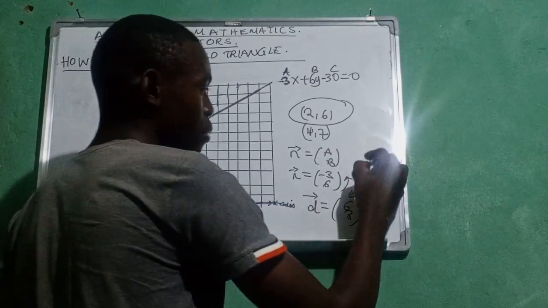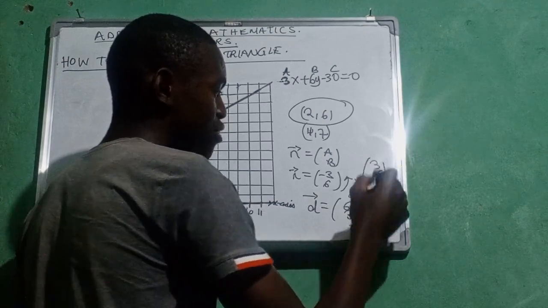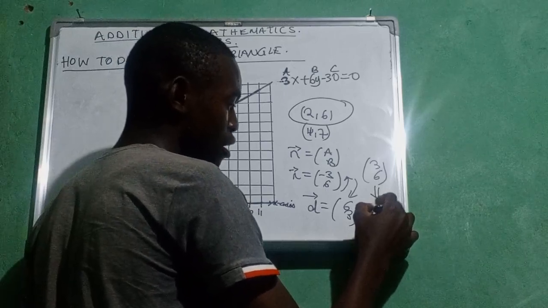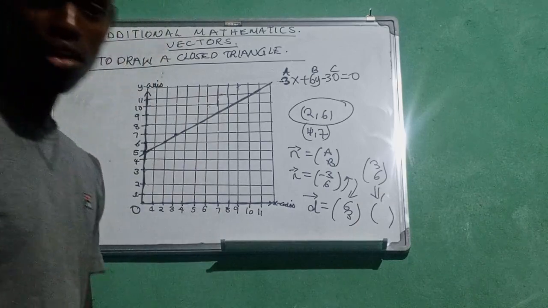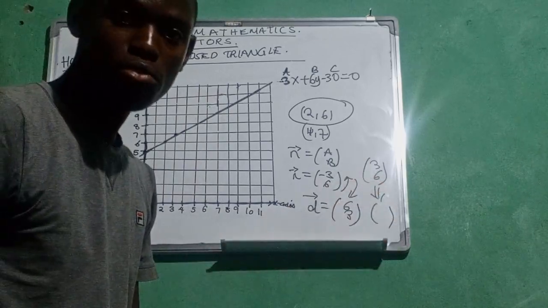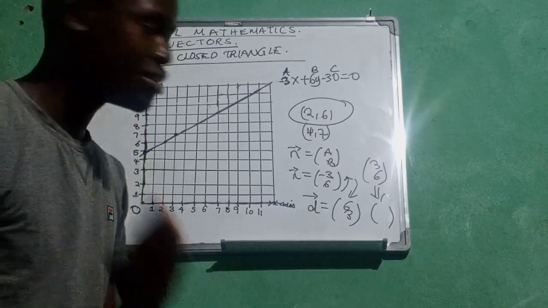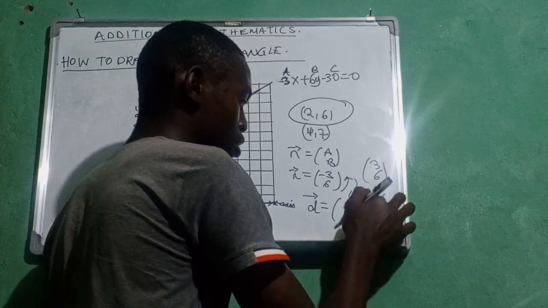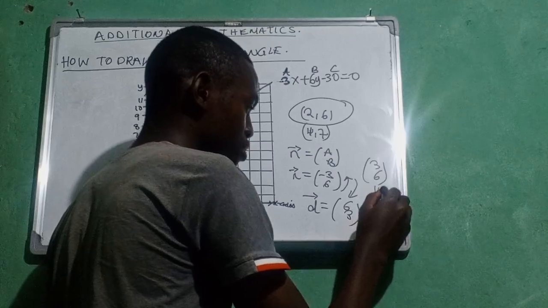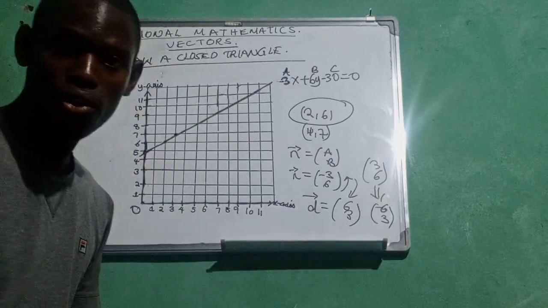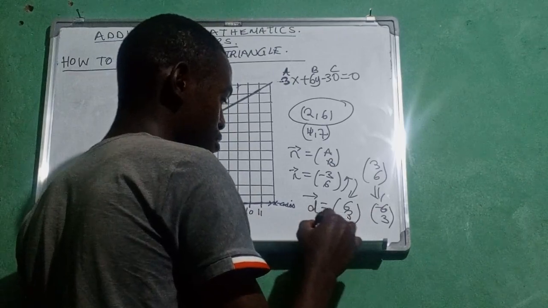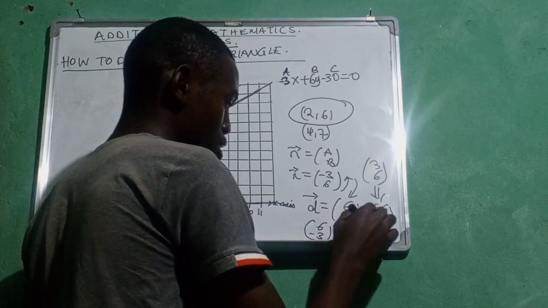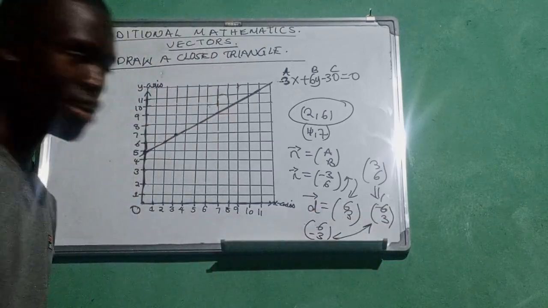But if it was, for example, positive 3 and then 6, since both of them are positive, you can make any of them negative. So that's negative 6 right there, or negative 3, 6. This or that is okay.